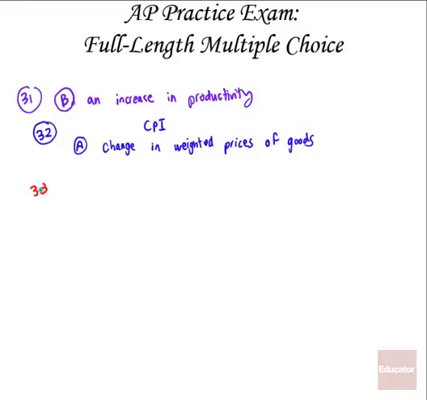Okay, question number 33. What's true if you're producing at full employment? Well, you know the unemployment rate is not going to be zero because there's always going to be some level of unemployment. There still is unemployment at full employment, so some will be receiving unemployment compensation.